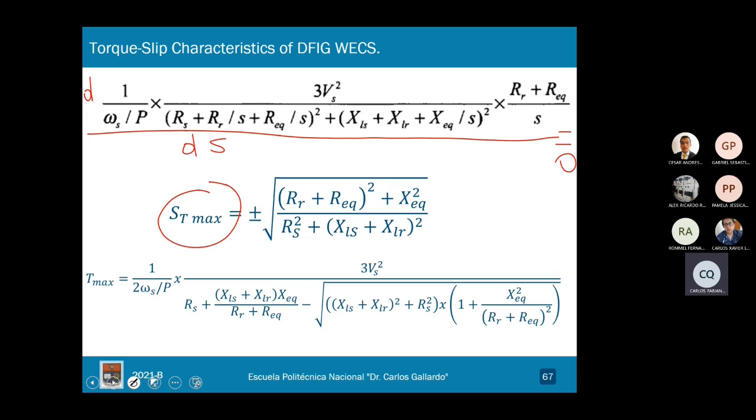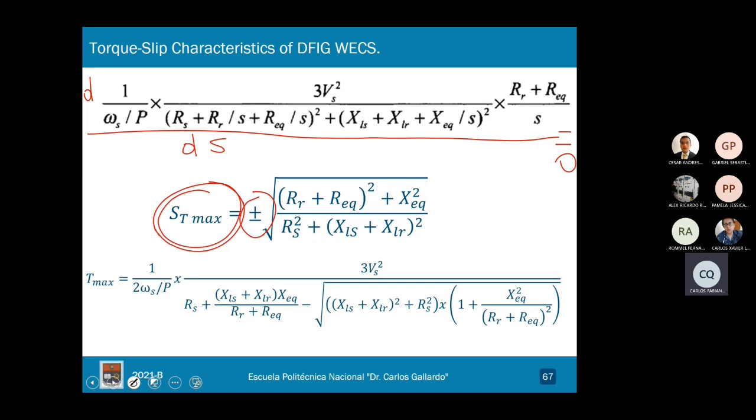Solving this equation equal to 0, I will isolate the slip, and this is the maximum slip. Pay attention, this is plus minus, which means I will get 2 slips.